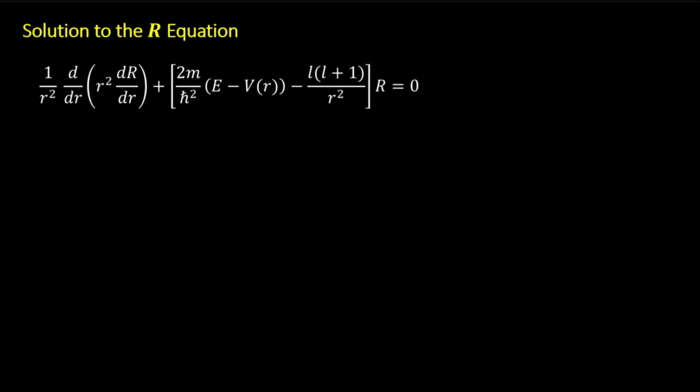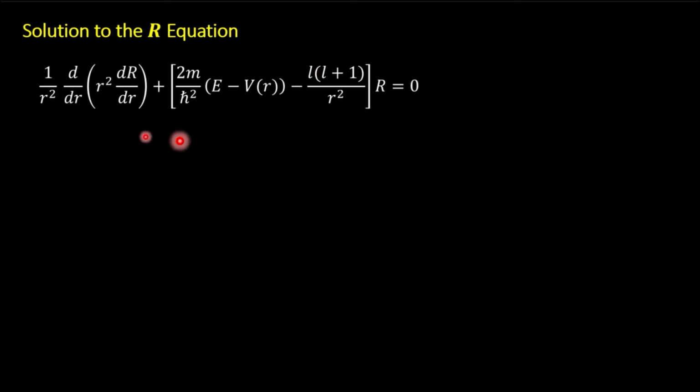Now we have one more part to solve, that is the radial part of the equation given by this expression. The only difference is that in place of lambda we have written L into L plus 1, because in the solution to the capital theta equation we saw that the capital theta part becomes the associated Legendre polynomial when the constant lambda is equated to small l into l plus 1.